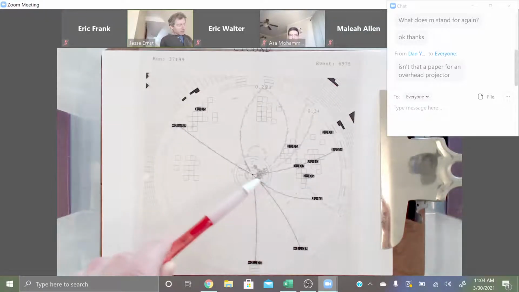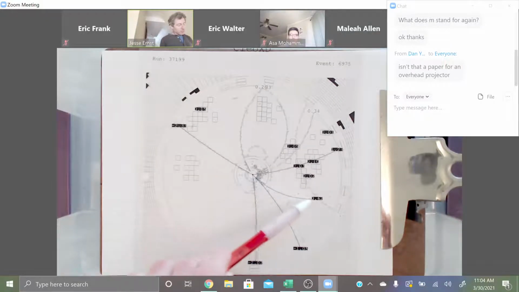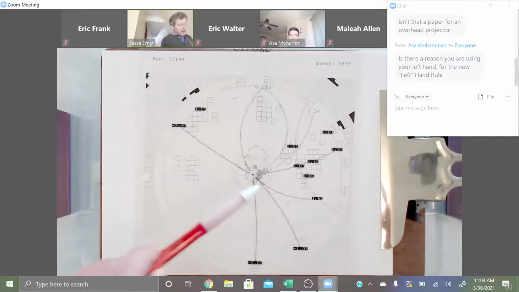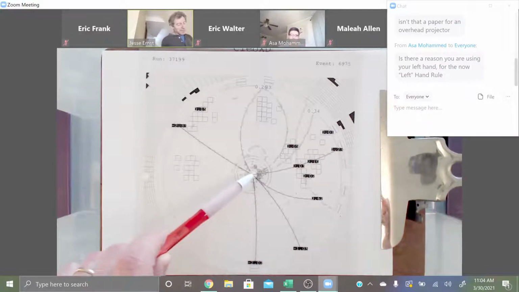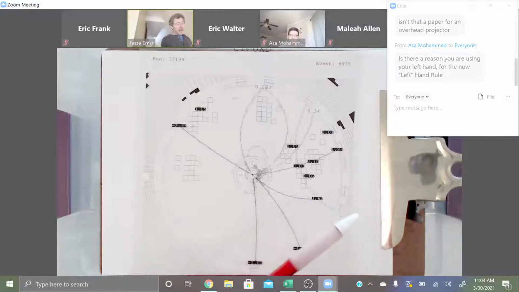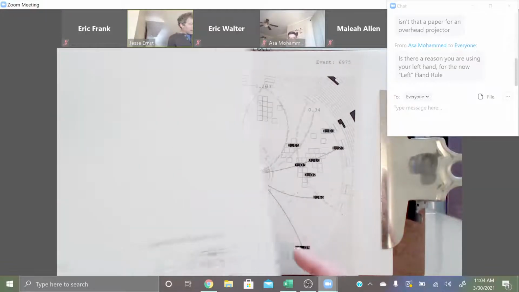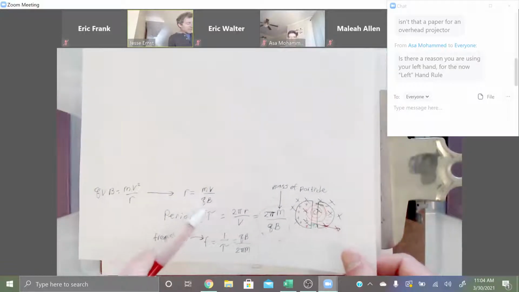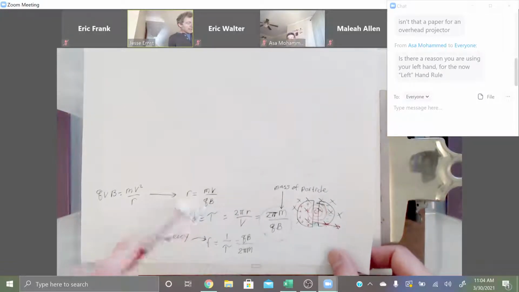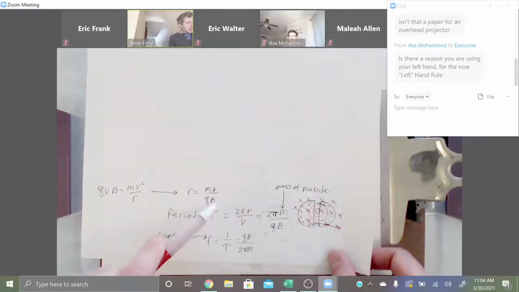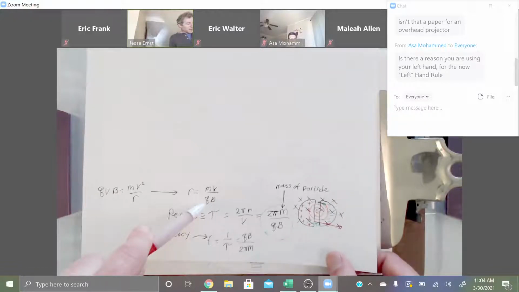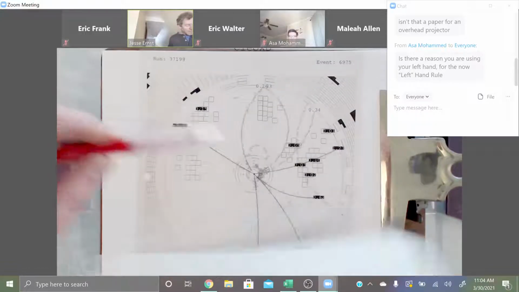And by measuring the radius of curvature of this circle, you can tell basically how fast it's going, how much energy it had. And when you look back, it's not a whole lot more complicated than just this, right? The radius is mv over qB. Q tells us what we know from the orientation of the circle.